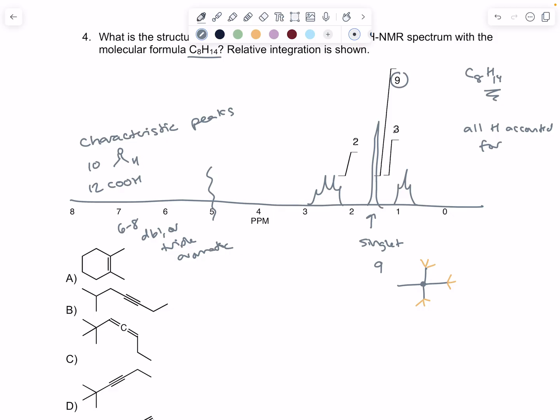The other thing I'm seeing is that when you have a 2 and a 3, and the 2 is a quartet and the 3 is a triplet, that always means ethyl. Because we have 2 hydrogens here, I'm just drawing little dashes. I didn't want to write every hydrogen, but these are not methyls, so I'll go ahead and write them in.